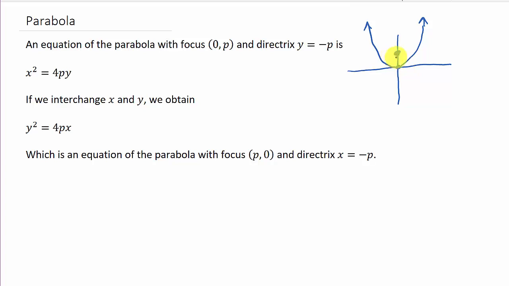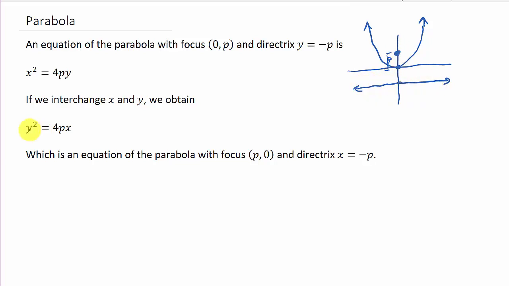So your focus, this distance from here to here is p. That's that distance, p. And then p units down would be your directrix. Okay, so that's what we're looking for. Once we find p, we can get the coordinates of the focus and we can get the directrix.